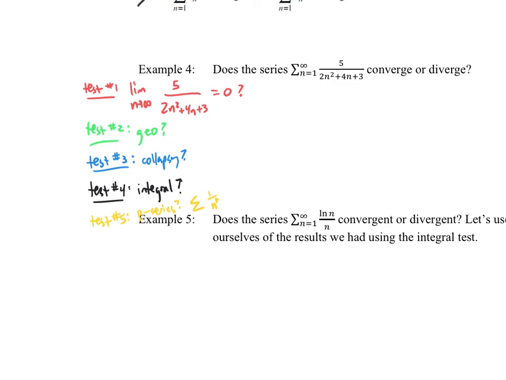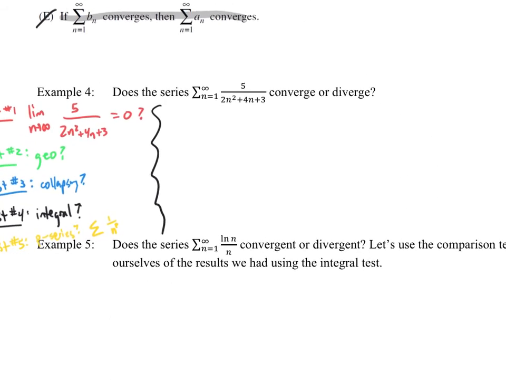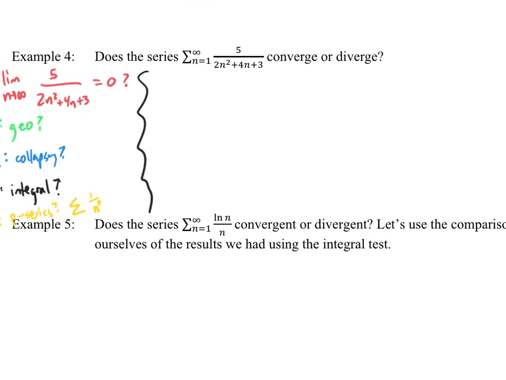All right, test number 6. You can see the writing on the wall. We're going to use test number 6, which is the comparison test. Now the challenge is, what do you compare this to? So we have 5 divided by 2n squared plus 4n plus 3. The values I'm highlighting, 4n plus 3, are in the way of the p-series test.